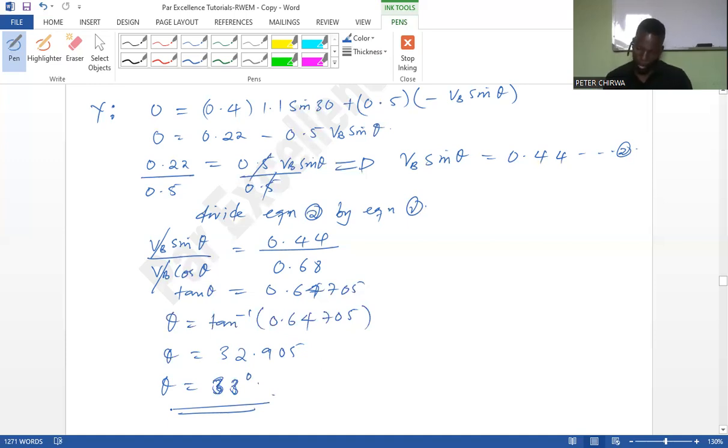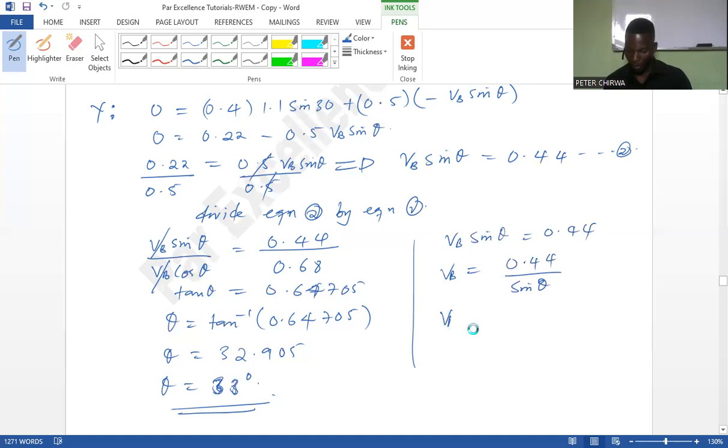And then you can now substitute in either equation 1 or equation 2 to find VB. If we use equation 2, we have VB sine theta equal to 0.44. So VB equals 0.44 over sine theta.